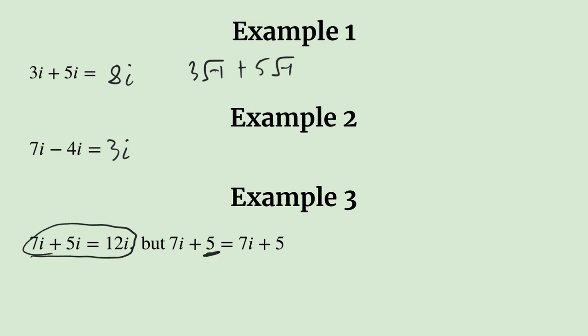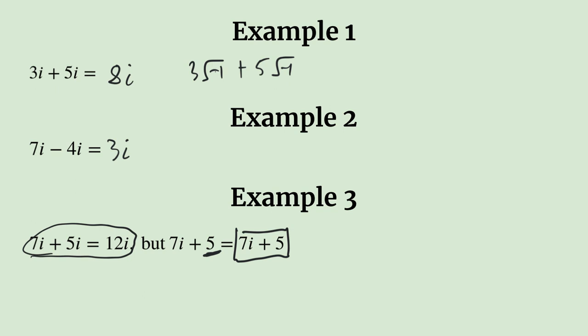But if you take away that i and the 5, you can't add those together now. They represent two different things, so that would just stay as 7i plus 5. You can't add those together because they both don't have the same i. And remember, i is different than x, or any other variable. A variable represents the opportunity to have different numbers there.